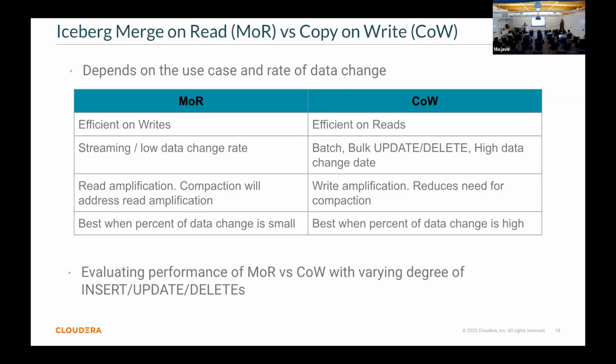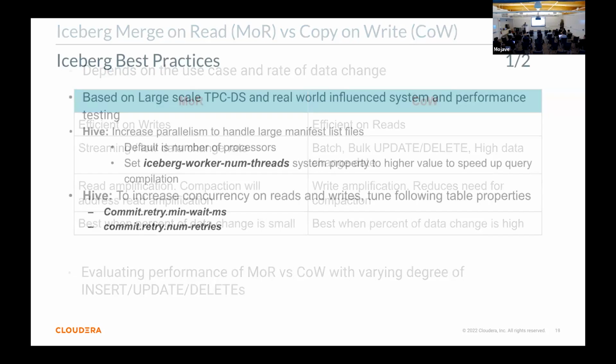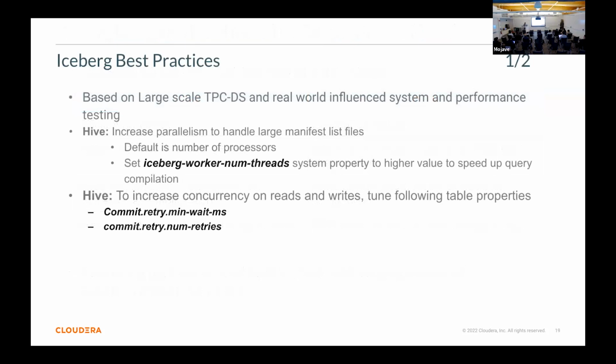And it will depend on, if you have a use case where you don't know exactly which way is the right way, you have to look at the percentage of read and write operations that are going on. The other part of this is just what are the recommended tunable parameters.